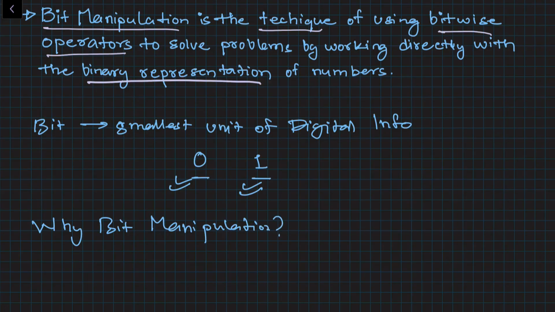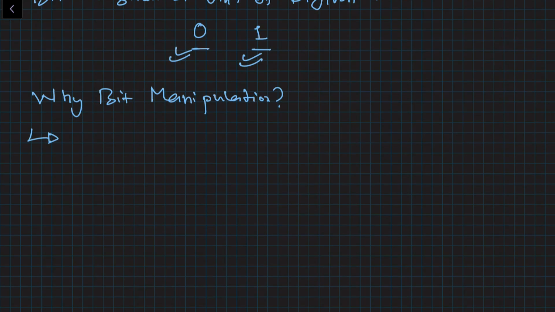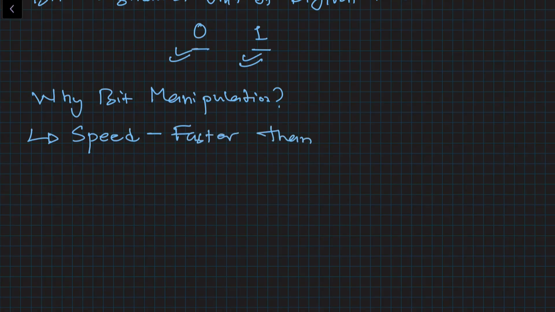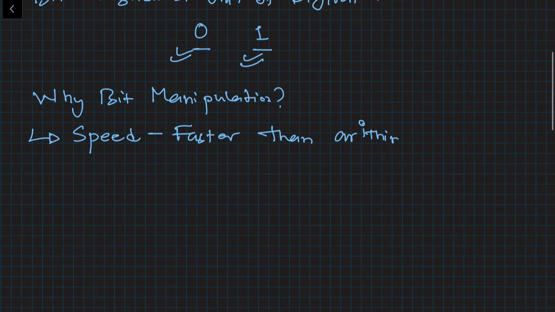The first thing we will understand is speed, because operations performed at the bit level are faster than arithmetic operations. Don't go by the spelling, it might be wrong.